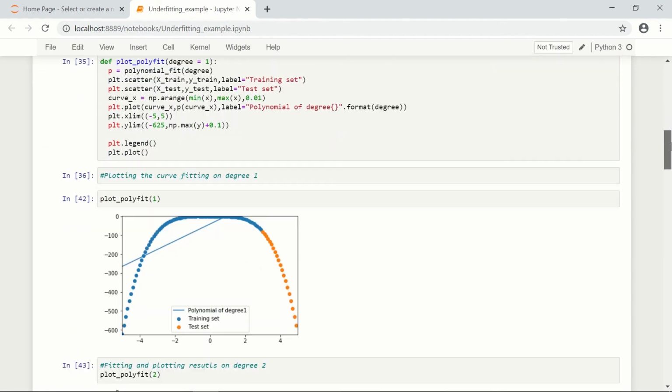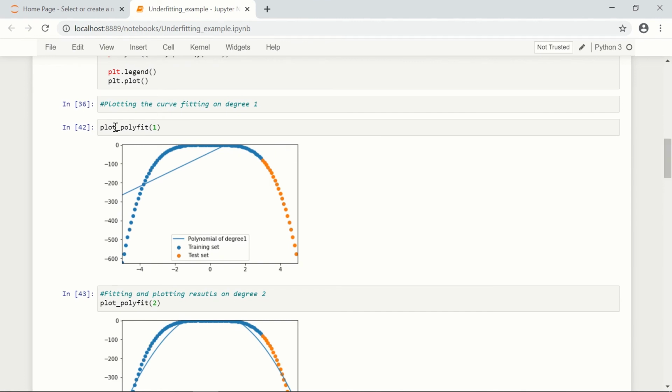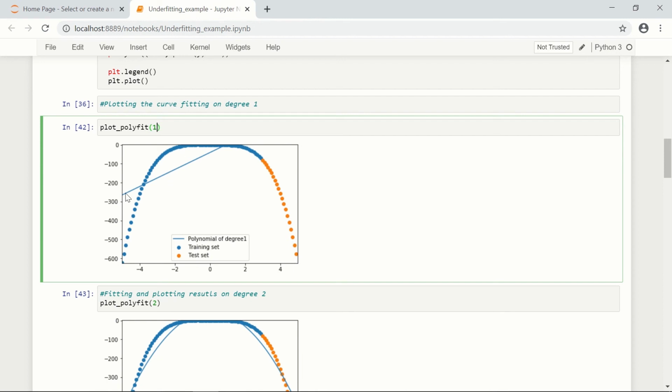So let's see a couple of results of polyfit. When we provide a very small number of parameters to polyfit, meaning only a 1 degree polynomial will be fitted to the data, a 1 degree polynomial is only able to draw a straight line, and a straight line could not fit this data. By the way, here the blue data points are the training set and the yellow data points are from the testing set.